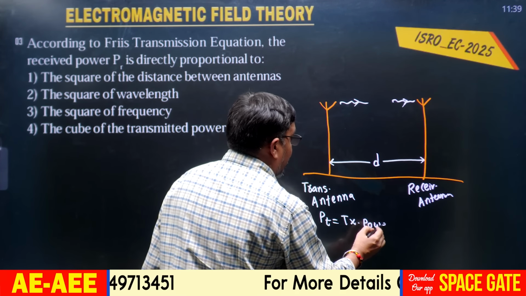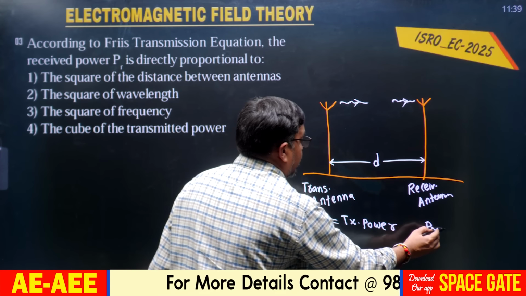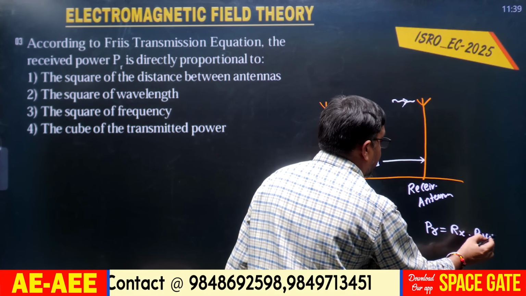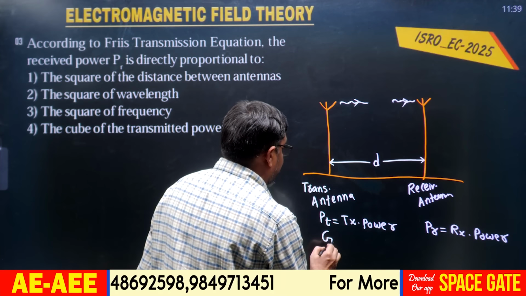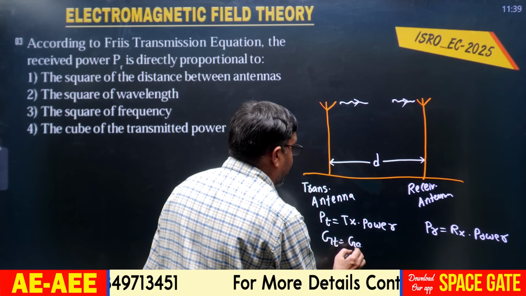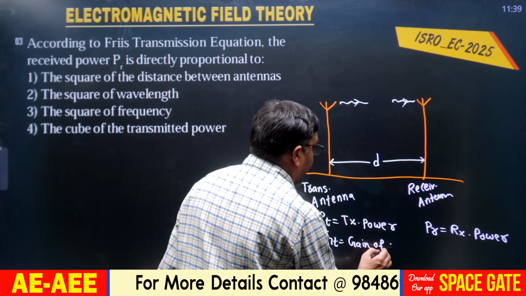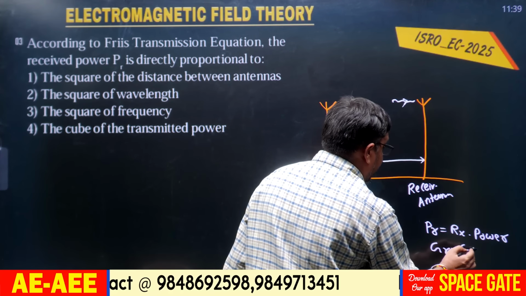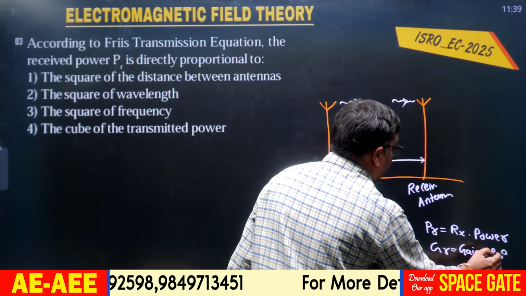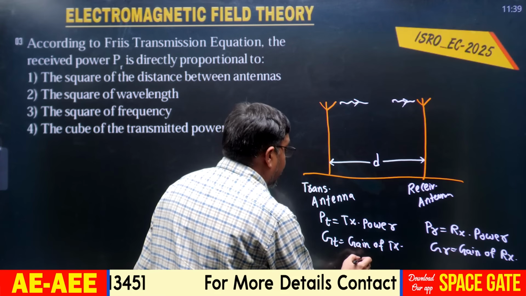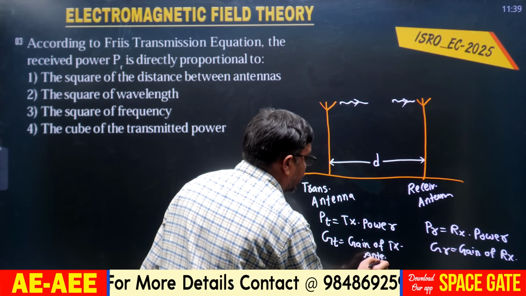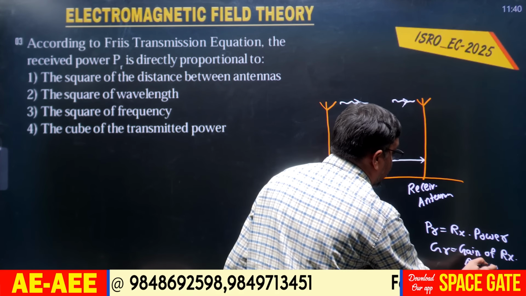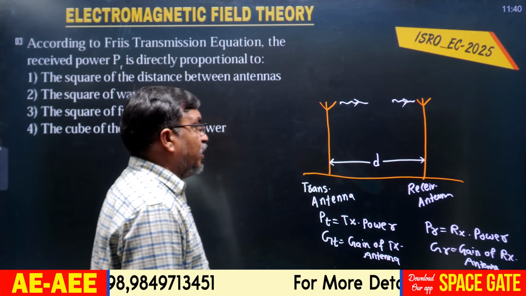Similarly PR is the received power, GT is the gain of the transmitting antenna, and GR is the gain of the receiving antenna.